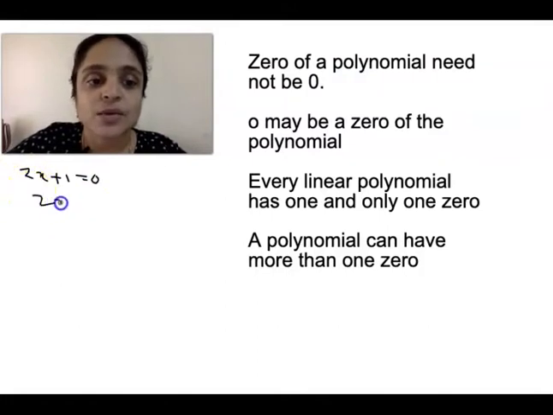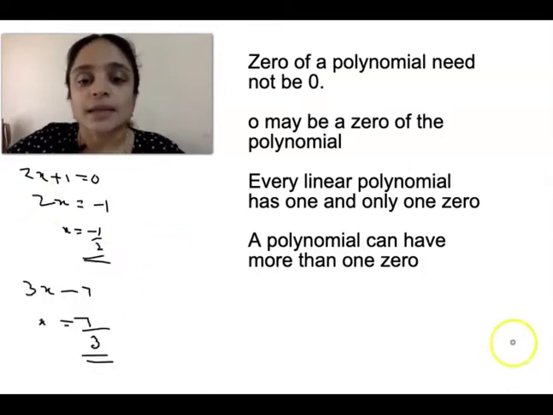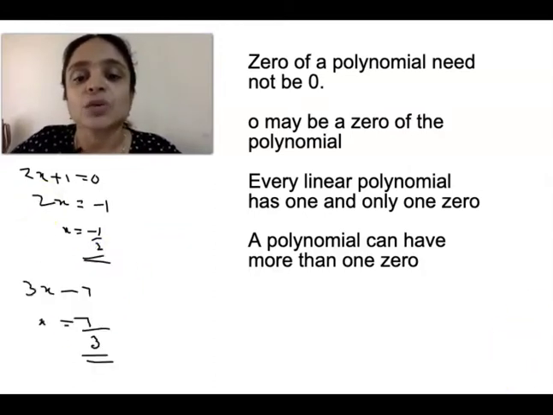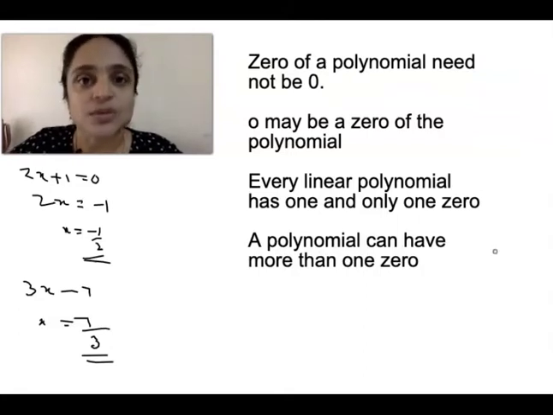So, 2x equal to minus 1 and x equal to minus 1 by 2. So, linear polynomials can have only one zero. A polynomial can have more than one zero. A linear polynomial can have only one zero, but quadratic and cubic polynomials can have more than one zero. So, these are the observations about the zero of a polynomial.